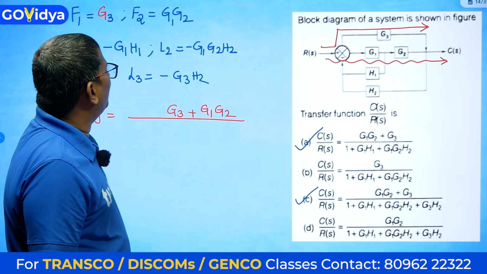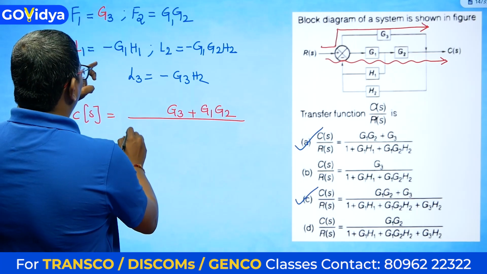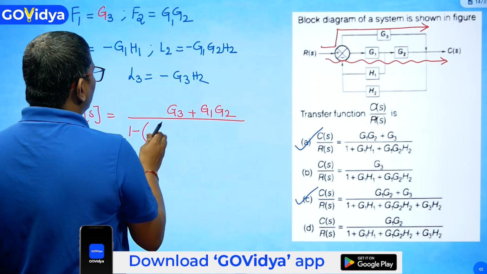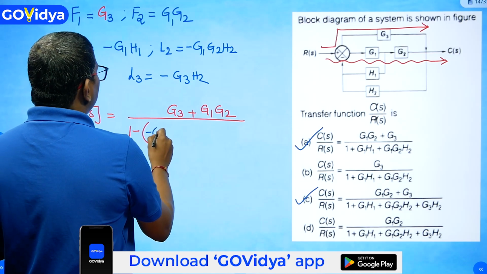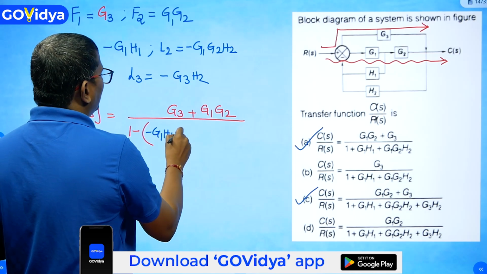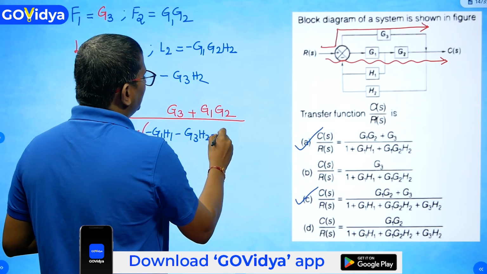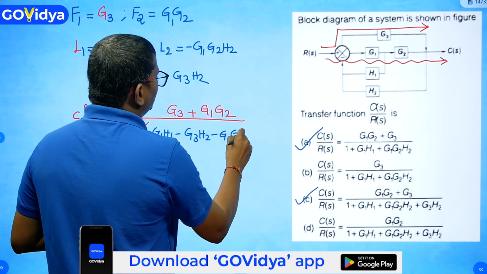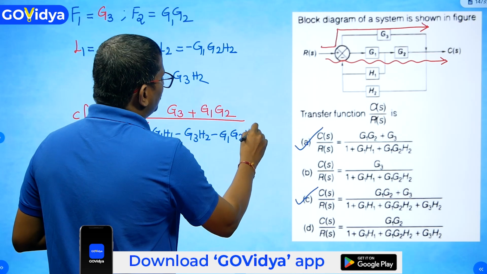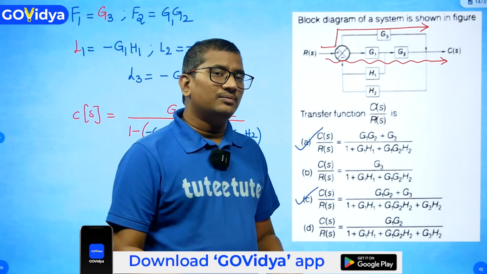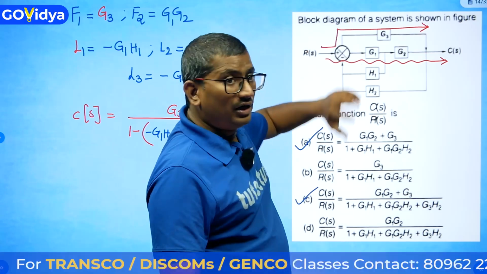So now how many loops are there? Three loops. 1 minus of how many individual loop gains? Minus G1 H1 minus G3 H2 minus G1 G2 H2. Is there any loops, any two loops are touching, or any two loops are non-touching?